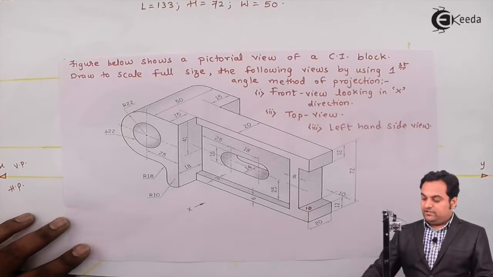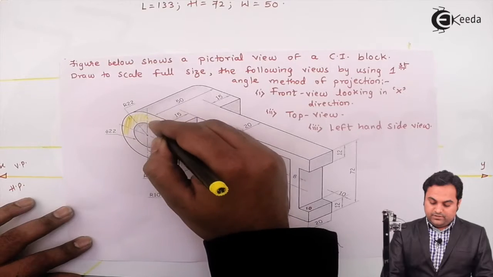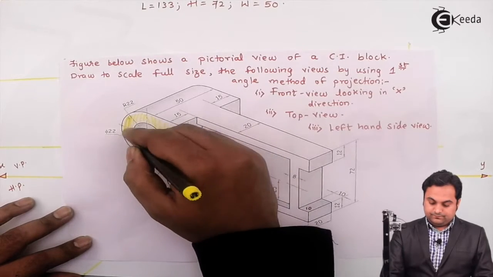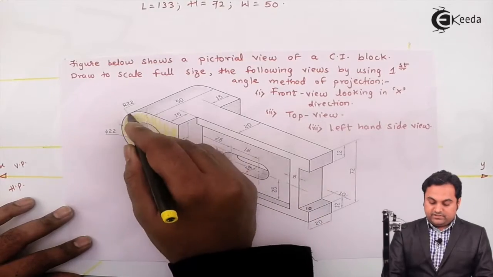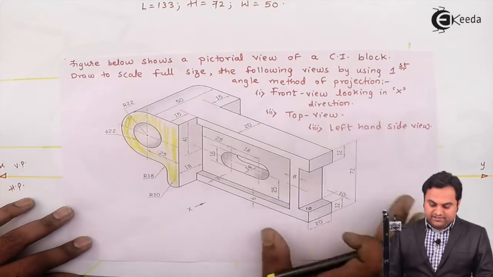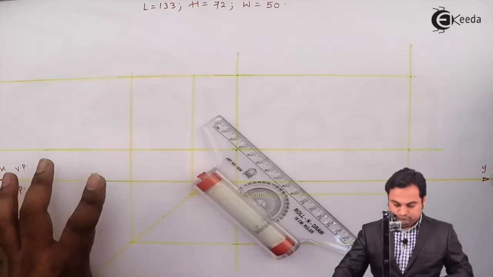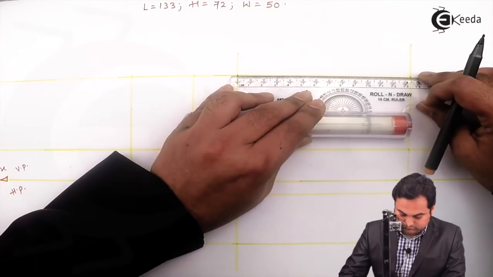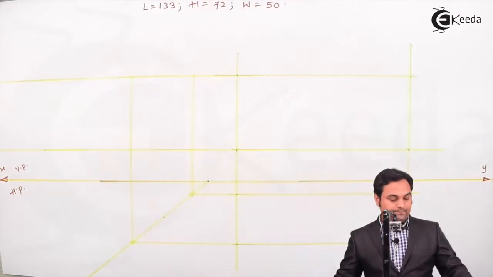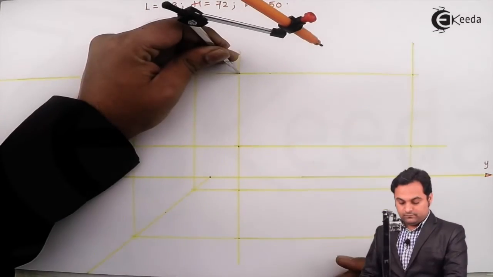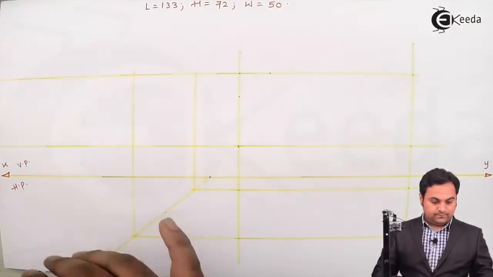Looking along x direction will give me the front view, and from that the first thing which is visible to me is this surface. Now here there is a semicircle starting from top, having radius 22. Taking 22 mm, measuring this distance, I'll mark it over here.